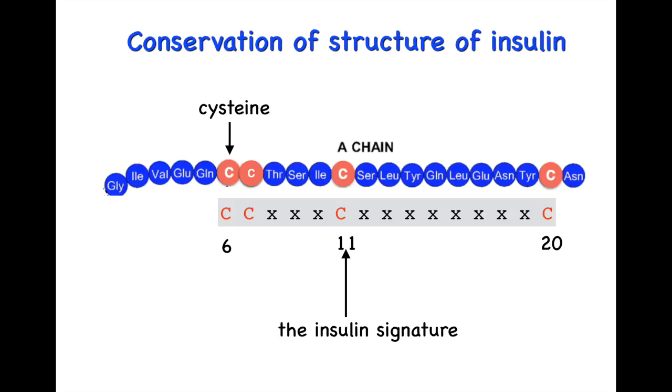So we're just looking here at the structure of the A chain. And what I've shown there is the insulin signature. So what that means really is that this part is highly conserved, this part is highly conserved, and this part is highly conserved.